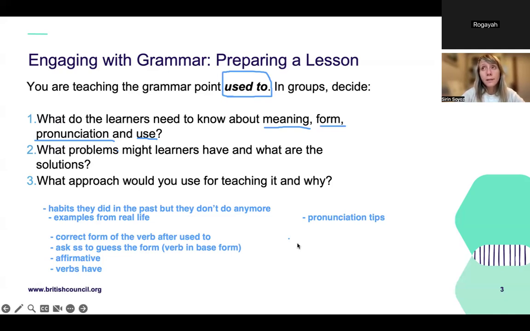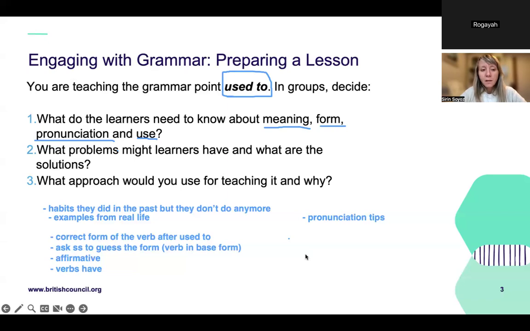Oh, it's interesting. Okay. They use it to express present habits. Yes. Okay. Do they get confused with present simple? Or at least do they ask why we use used to, not past simple? Yes, they are confused by using it for present and past. Yes.